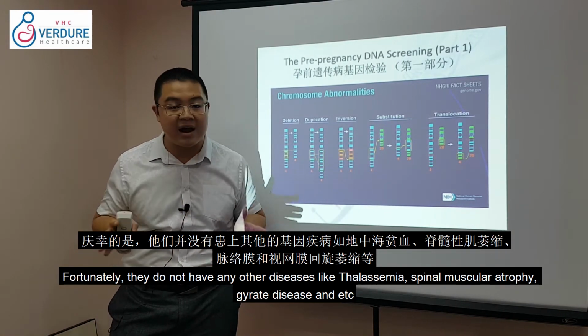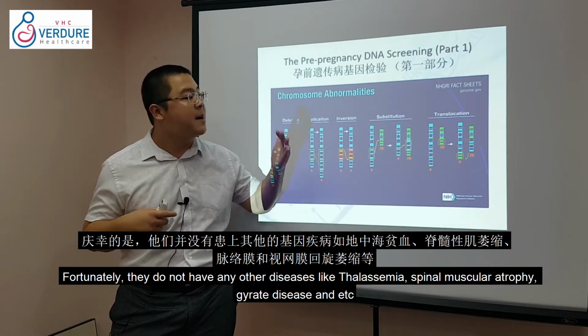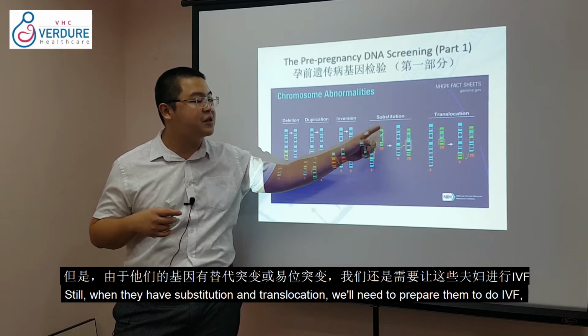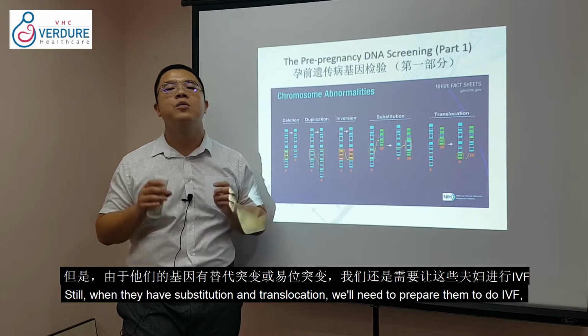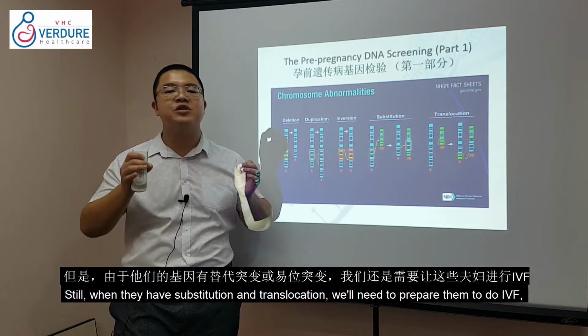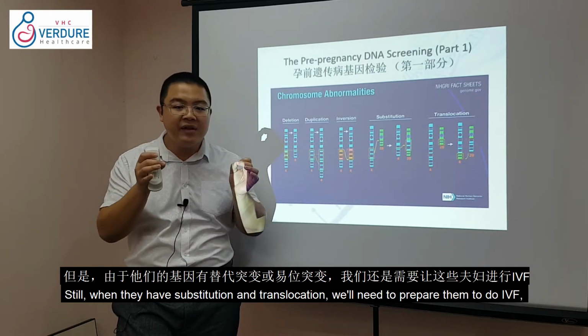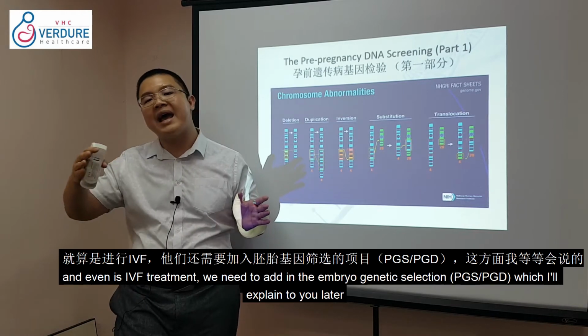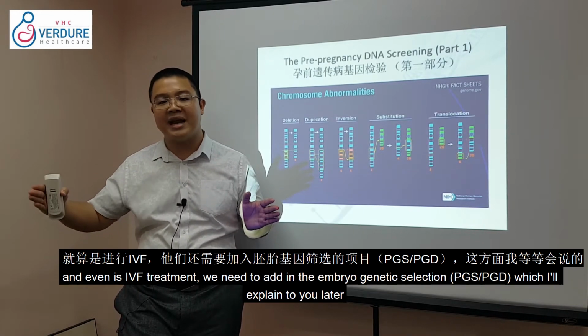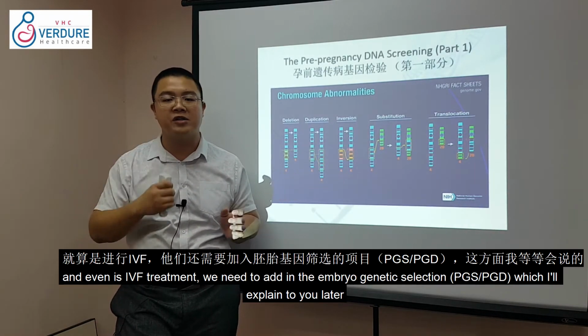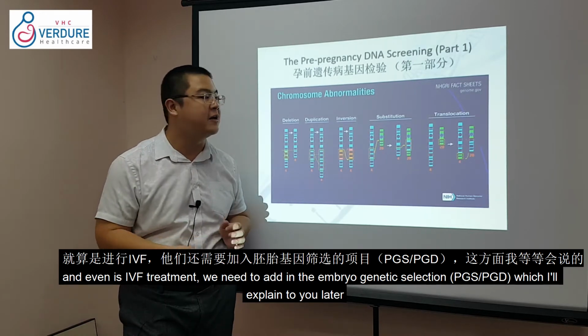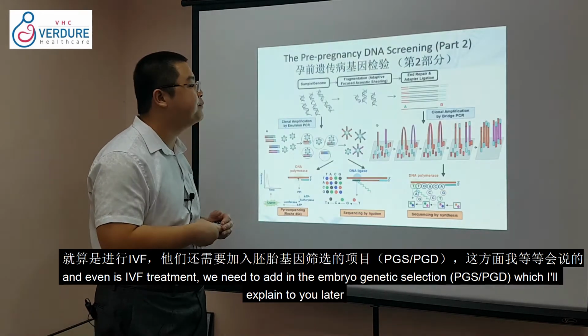Lucky they don't carry any of them in their body. But still, when they have substitution or translocations, we will need to prepare them to do IVF, and even for IVF treatment, we need to add in embryo genetic selection, also known as PGS-PGD, which I'll explain to you later on.